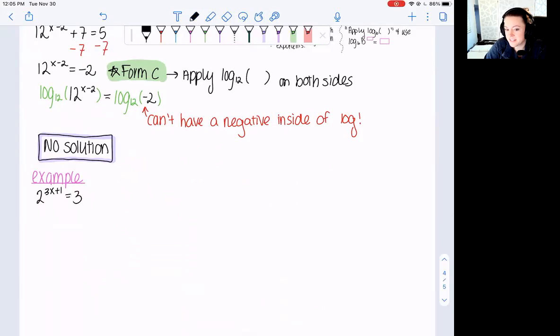Let's try doing this a different way. Before, we applied log base 2, but I want to show you that if you applied ln, you could have got the same answer. It'll look very different, but it will be the same, correct answer.